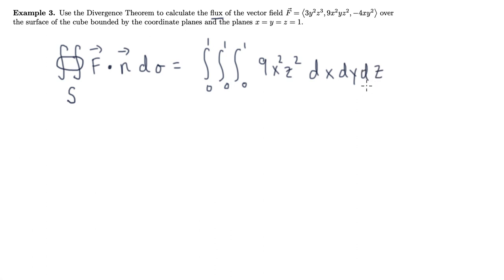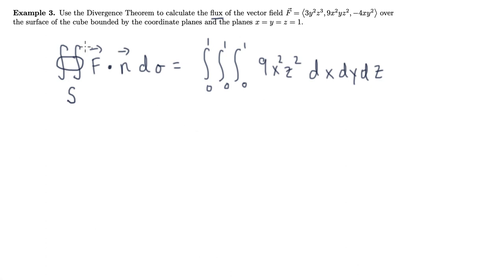I mean, the Stokes theorem applications just involved some technical details. We had to parameterize a curve, etc. Here we don't have to do any of that because we're just converting the flux out, which is a surface integral, to a triple integral over the divergence. So the divergence theorem is really just a beautiful theorem.